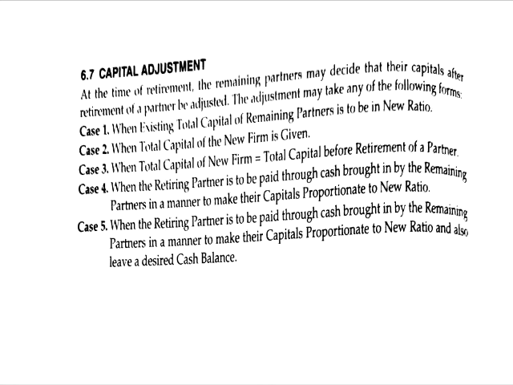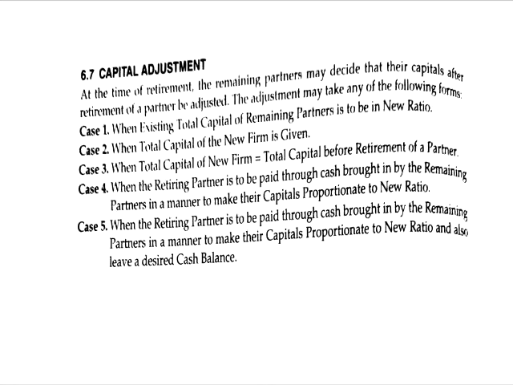So summing the capital of all the 3 partners, 1 lakh plus 80,000 plus 50,000, that is 2,30,000. Again you just distribute the capital in the new ratio. Then the retiring partner's capital will be brought in by the partners, and in this way the capital will also be adjusted. We will see the example, so the point will be very clear to you.